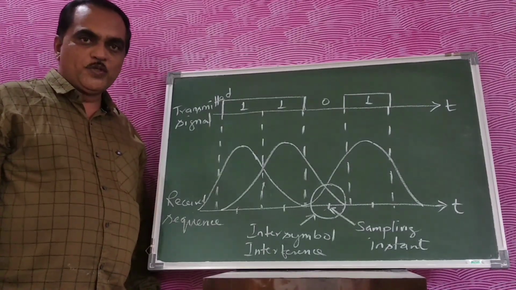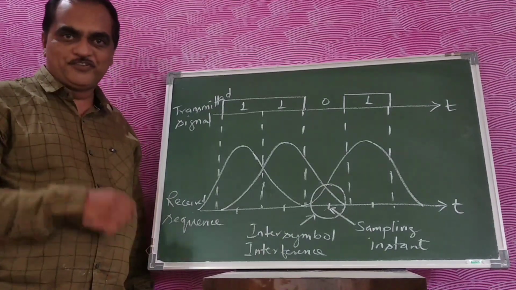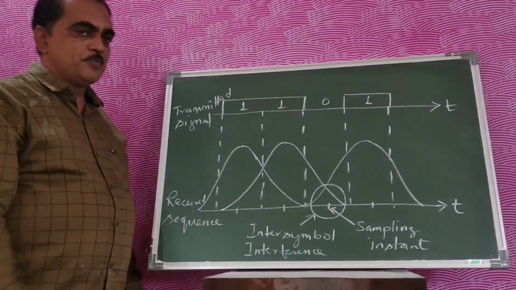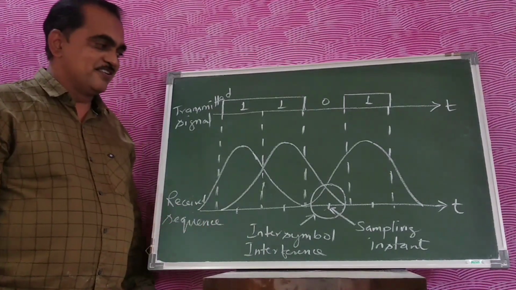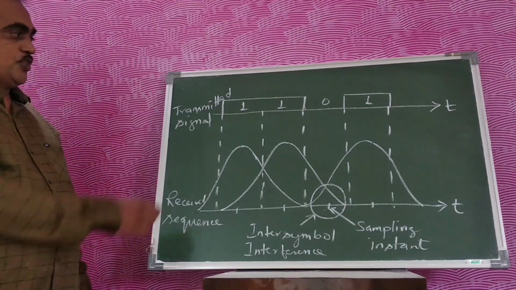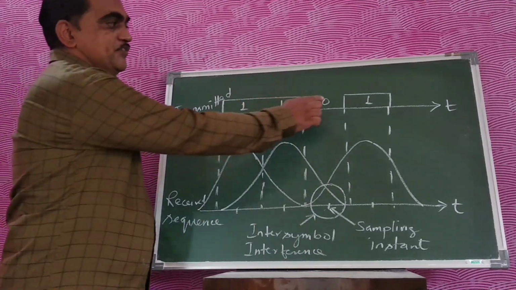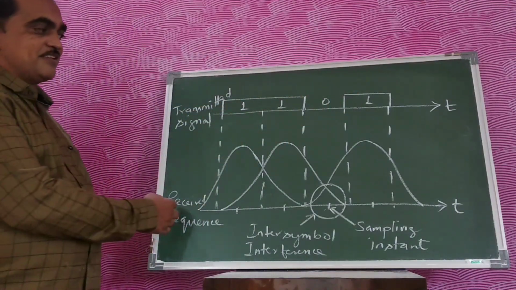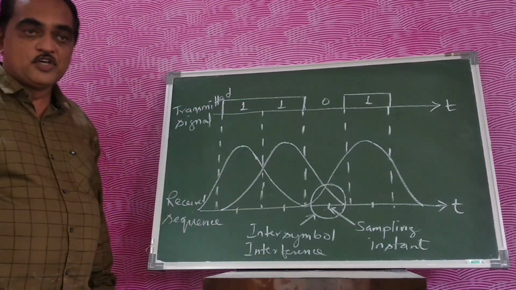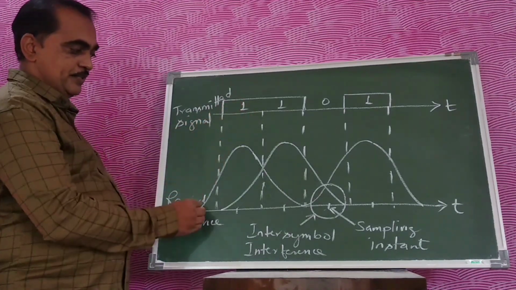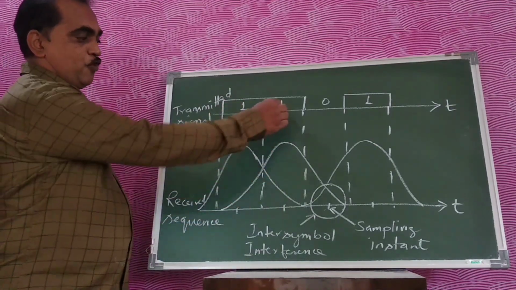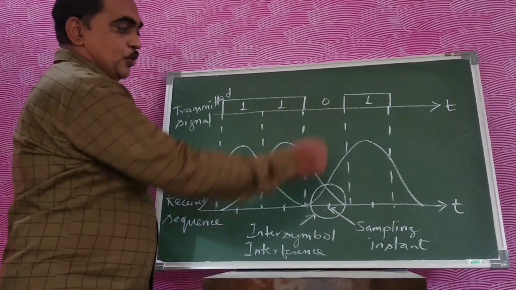Now students, with respect to the same diagram, I have drawn some transmitted sequence and the received sequence. This was the transmitted sequence, say it was 1101, and this is the received sequence that has been received. If you see, for 1 there is a pulse. For 1, there is a pulse. For 0, there is no pulse.